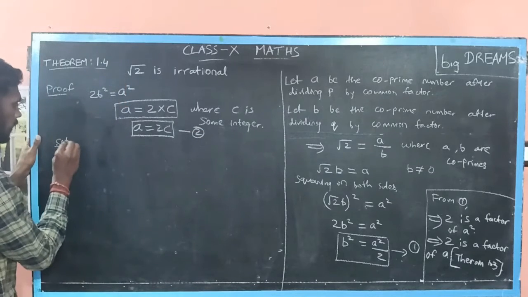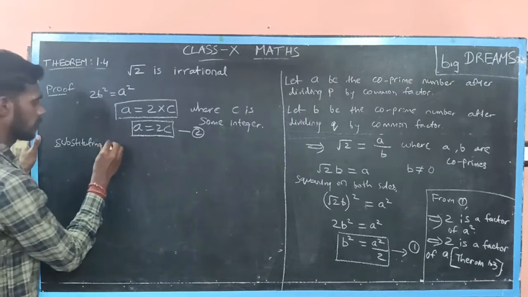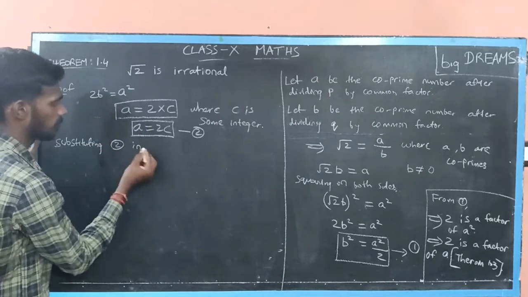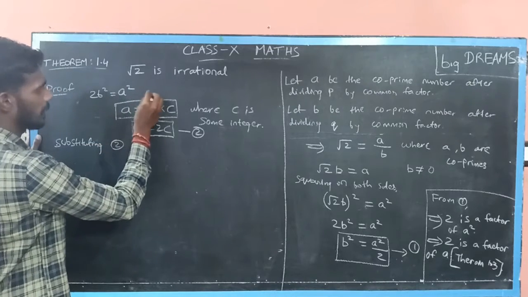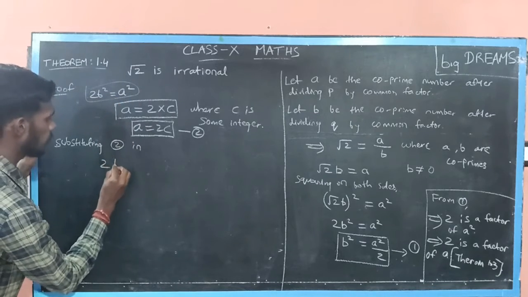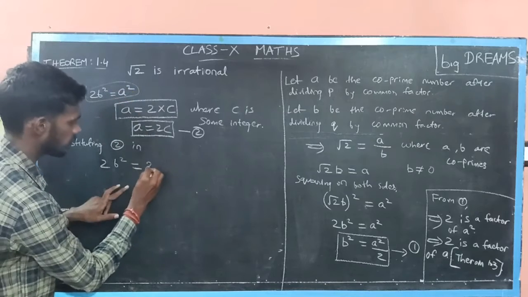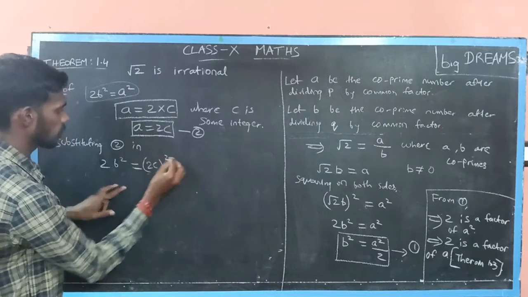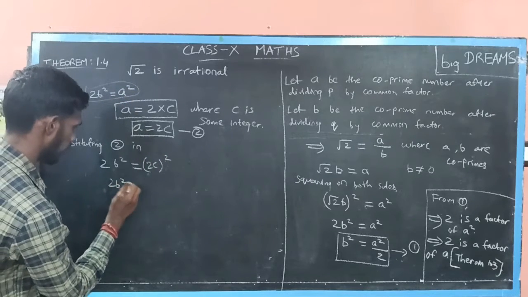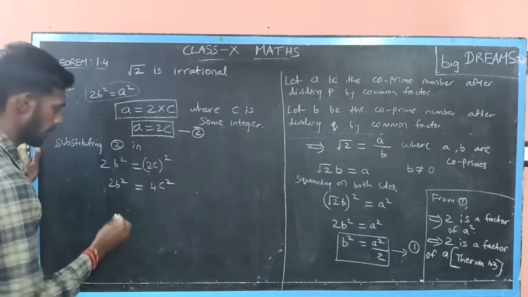So I am substituting equation number 2 in this statement. So 2b square is equal to, instead of a I am putting 2c, so it means 2c the whole square. So 2b square is equal to 4c square.